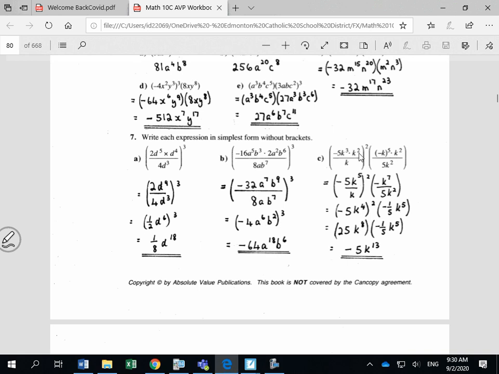For C, take care of the bracket first, right? Simplify the bracket. So k to the 5 divided by k is k to the 4. And then you could apply your 2. This one, simplify this bracket and then just keep simplifying. And then at the end, multiply both brackets together.